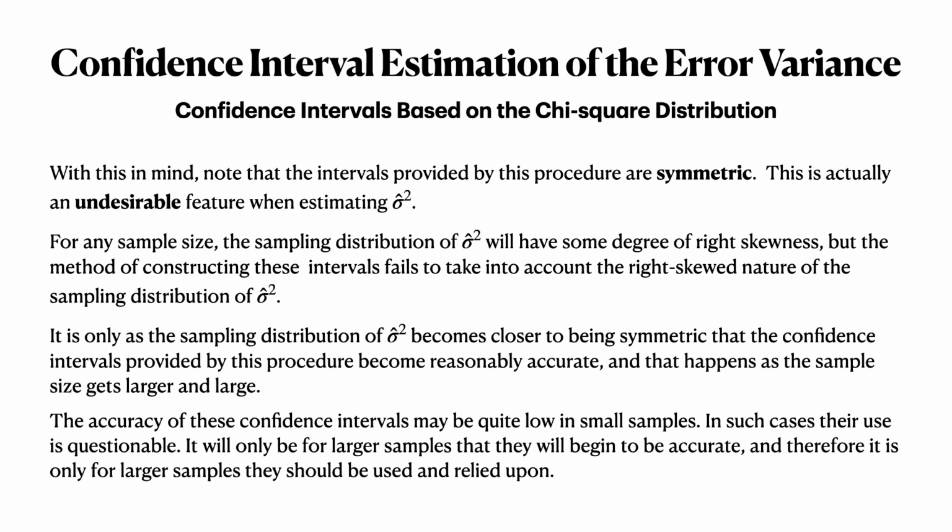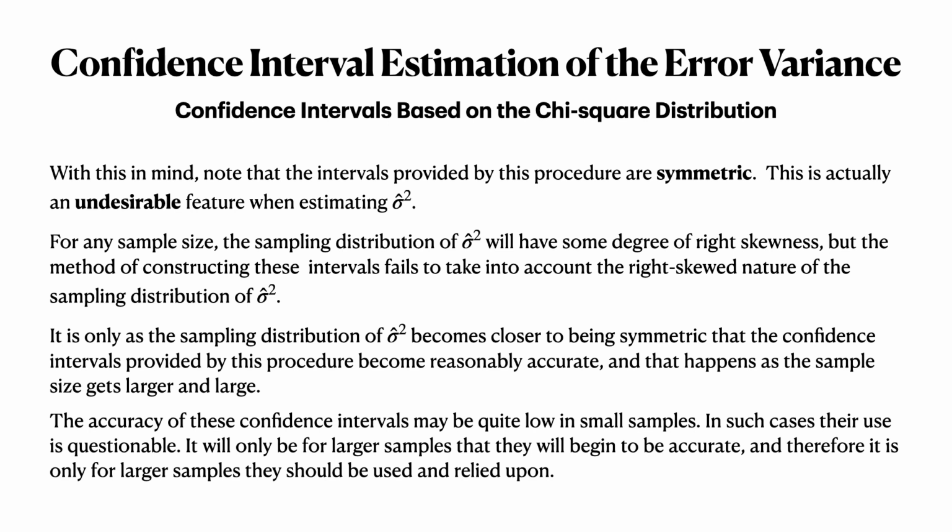This is actually an undesirable feature when estimating sigma squared. For any sample size, the sampling distribution of sigma hat squared will have some degree of right skewness, but the method of constructing these intervals fails to take into account the right skewed nature of the sampling distribution of sigma hat squared.